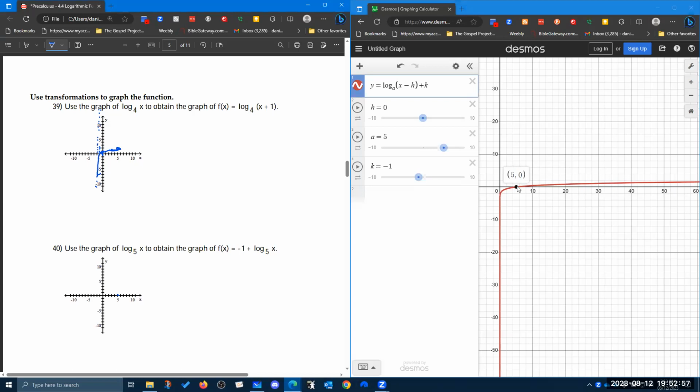When x is 5, log base 5 of 5 is 1, 1 minus 1 is 0. That's where that came from. Log base 5 of 1 is 0, 0 minus 1 is negative 1. There's going to be a vertical asymptote at x equals 0. And there's just a very slow growing logarithmic function right there.